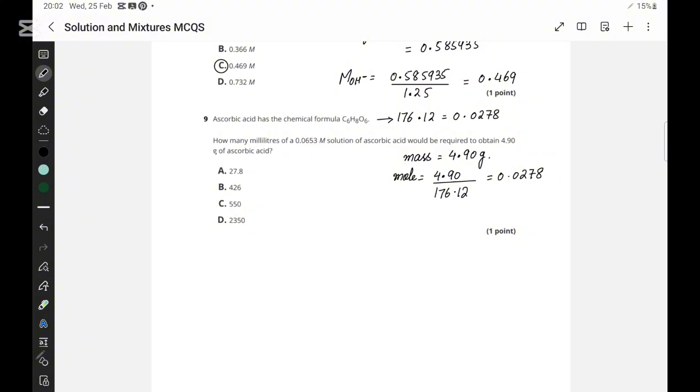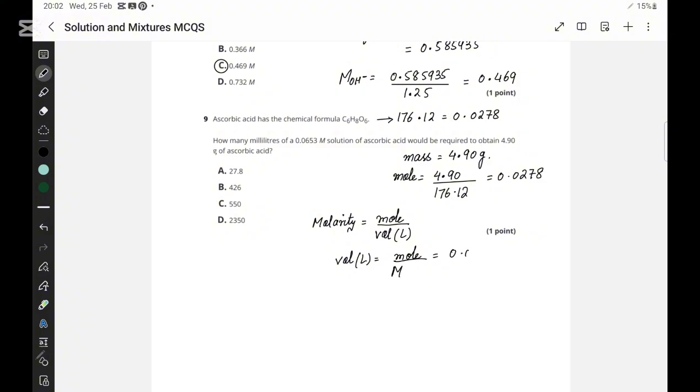And then molarity is given to me. The formula is molarity is equal to moles divided by volume in liters. So now we have to find the volume in liters, which is going to be moles divided by molarity.